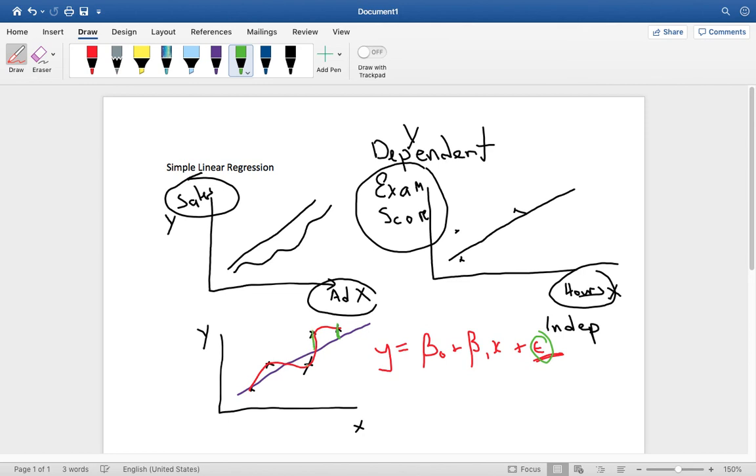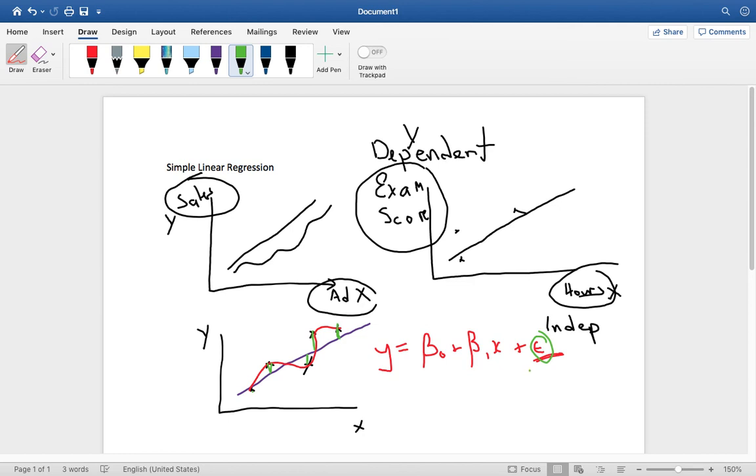Here it's going to be this much, here it's going to be this much, here it's going to be this much, and here it's spot on. So this e, or error, or epsilon, is the difference between what you estimate, which in this case would be the purple line, and the actual data, which are the black points.